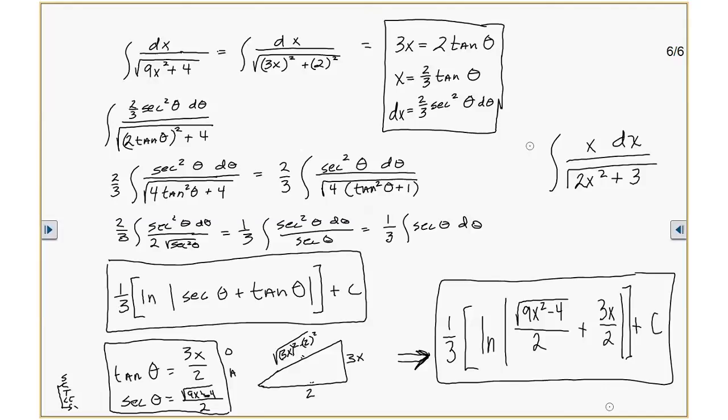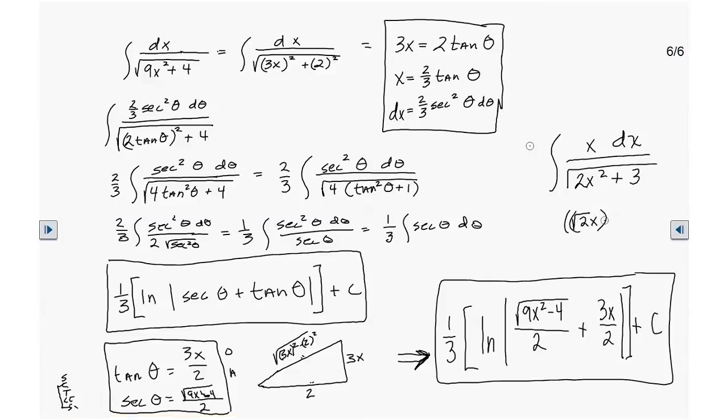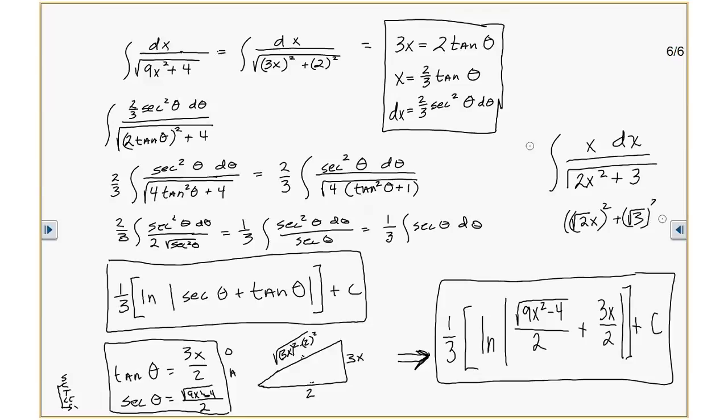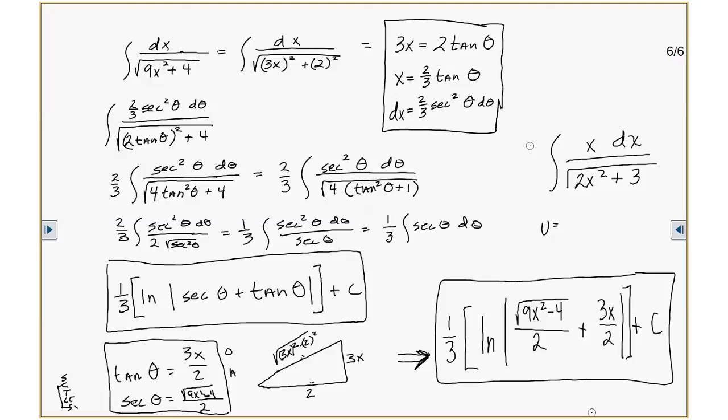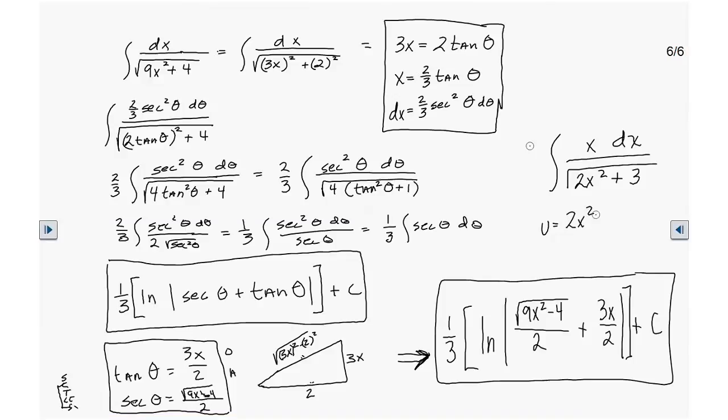It is not trig substitution. Why? Well, I could change that to a square. You could change that to the square root of 2 x quantity squared plus square root of 3 quantity squared. Get used to that because you could do that. So I could change it to a square if I wanted to. But why isn't it? Remember your substitution. Make u equal to something complicated. What is u? Well, 2x squared plus 3.